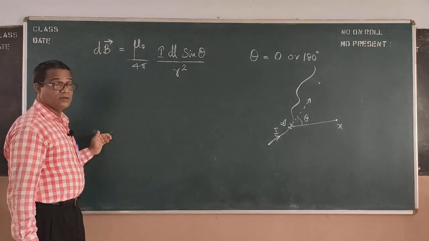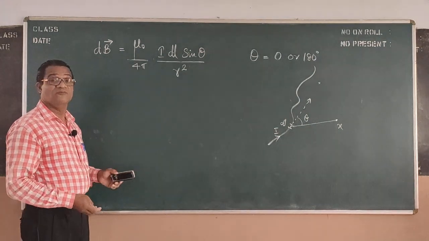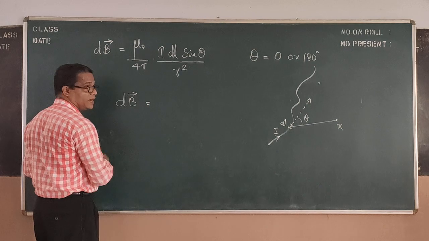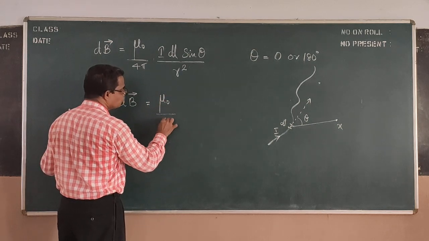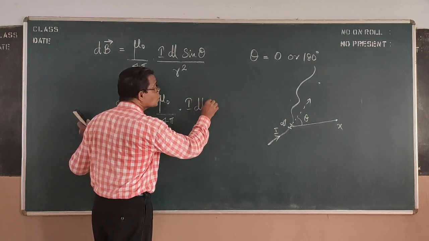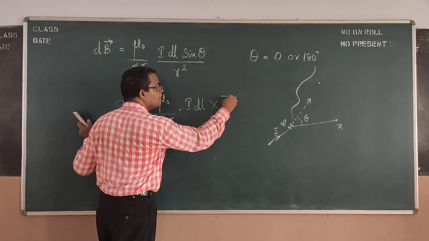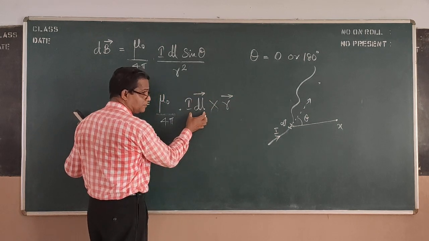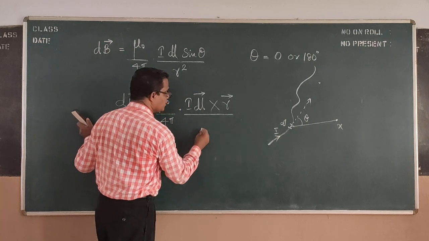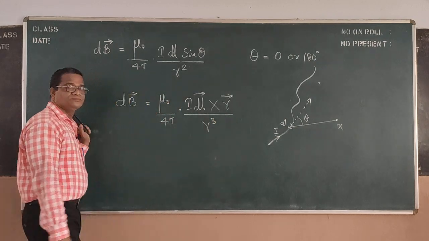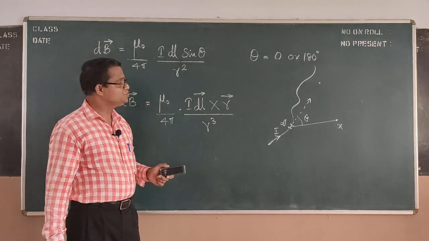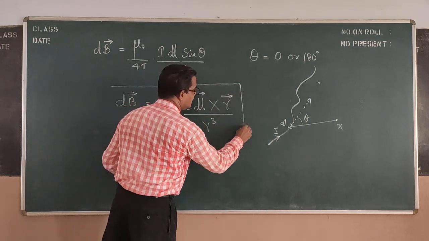The vector form of the Biot Savart law is given by B equals mu 0 by 4 pi into I dl cross r by r cube, where I take the current element and the distance r as vectors. This is the vector form of Biot and Savart law.